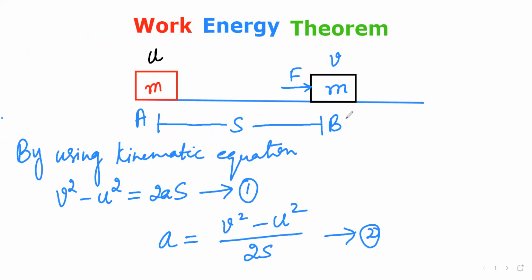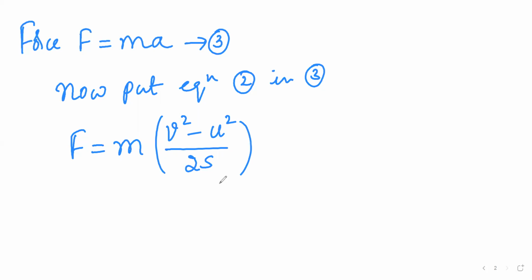As I said, there is a body acted on by the force, and it was at A, and after applying the force, it moved to the point B and is still in motion. So we have applied the force and there is a displacement also. Correct? Then I can say that there is work done.